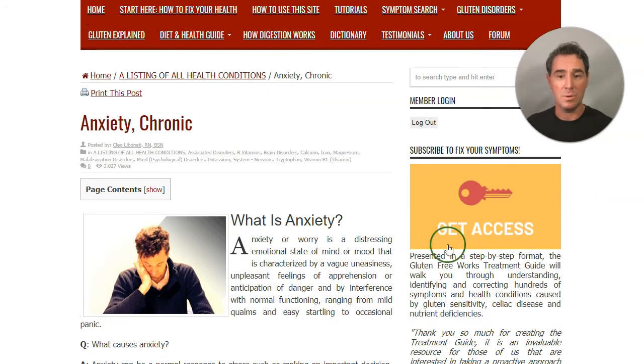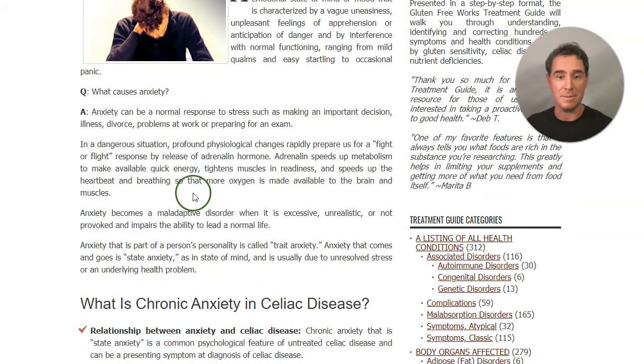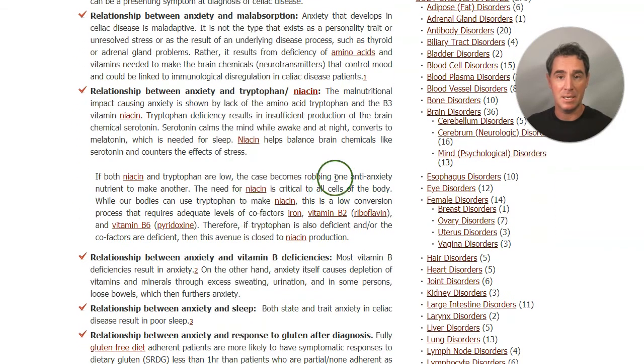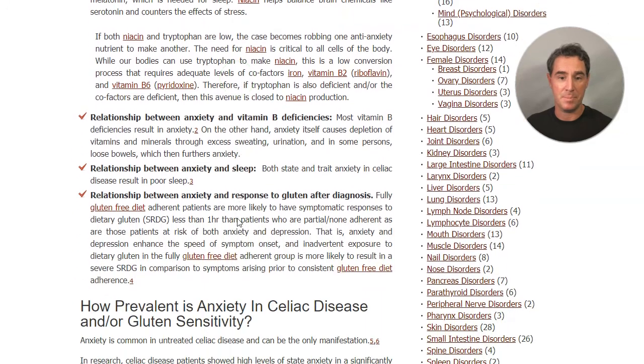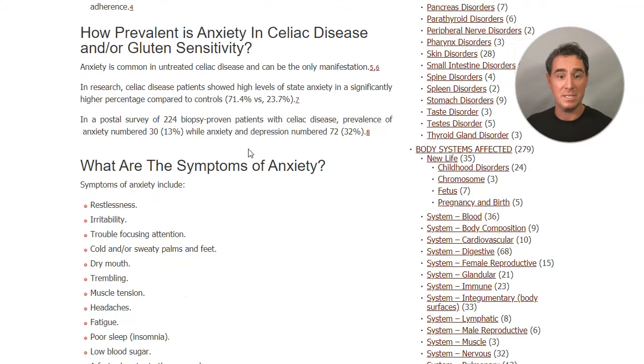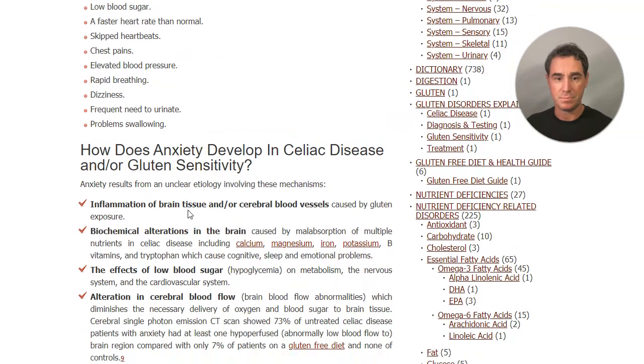And the treatment module explains anxiety in this case, tells you what causes it, explains how it's related to celiac disease, shows you the relationship between various nutrient deficiencies, tells you how prevalent it is, and then also shows you the symptoms of anxiety. In this way, you can see all these different potential comorbidities, all right?